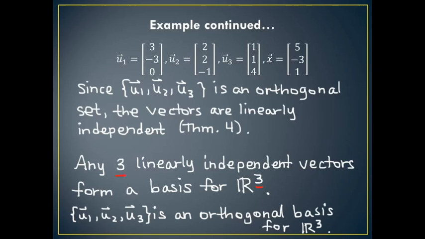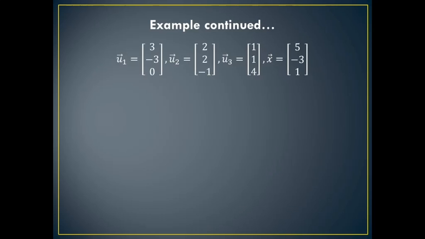Now let's use Theorem 5 in order to actually find the scalars, the linear combination of basis vectors that gives us x. We know that x can be written as a linear combination of the basis vectors of R3.